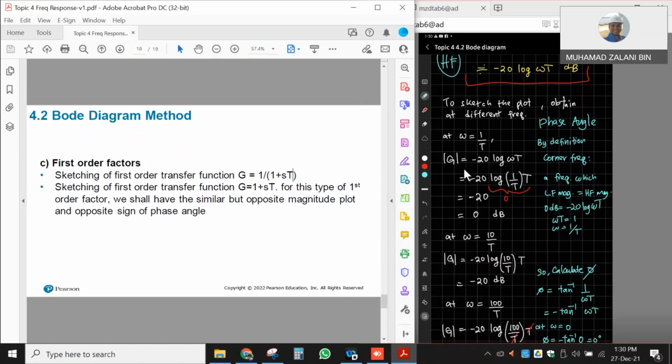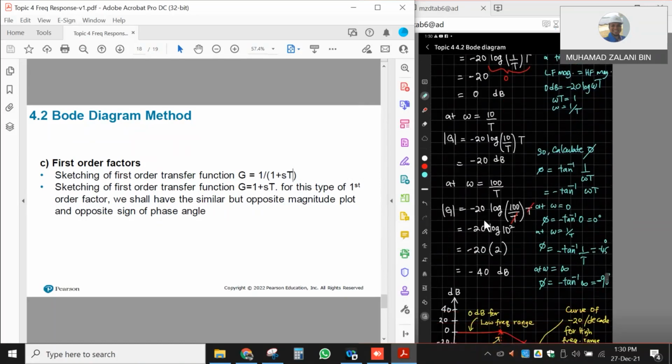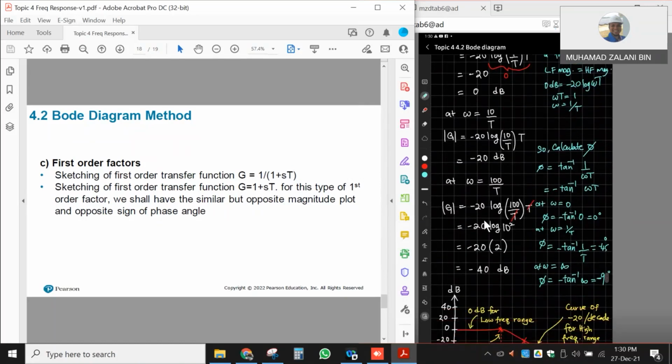And then we further increase the frequency to omega equals 10 over t. Then we do the calculation. T is cancelled here. So log 10, meaning that this term becomes 1. Then the gain for omega equals 10 over t is negative 20.